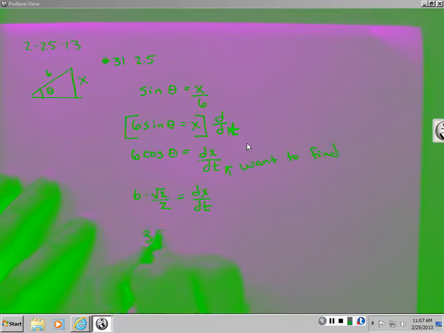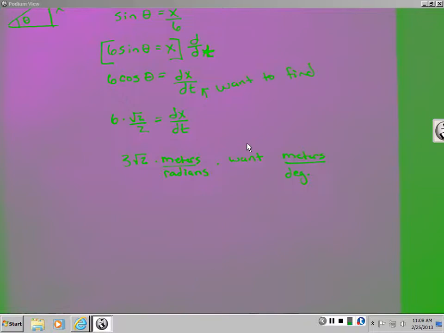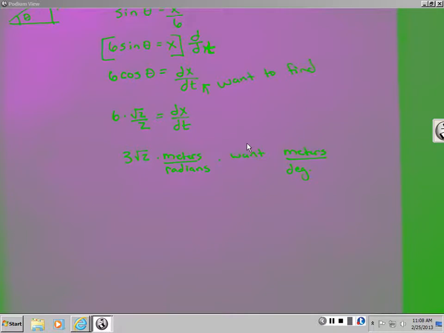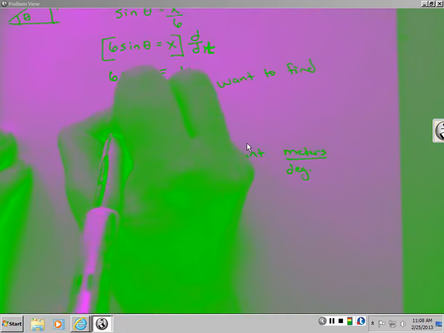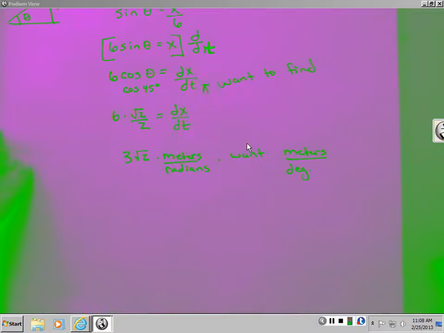So I'd have 3 square root of 2 meters per radian, and I want meters per degree. So do you guys remember how to convert radian measure to degree measure? Question? You get the square root of 2 over 2 because it gives you the angle 45 degrees, right? Yes. Okay. So cosine of 45 is 1 over square root of 2, and if I rationalize that, square root of 2 over 2, so I get 3 square root of 2.